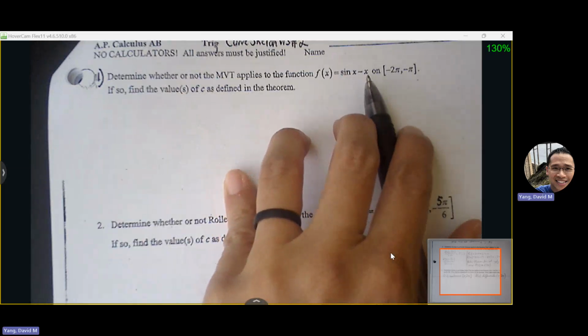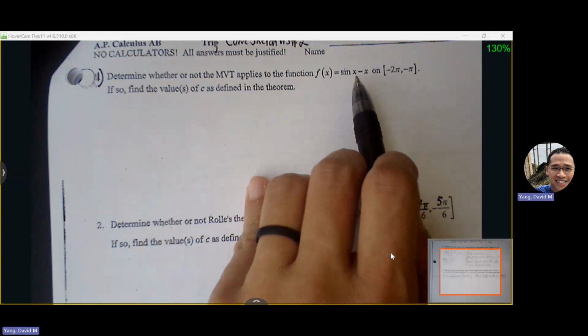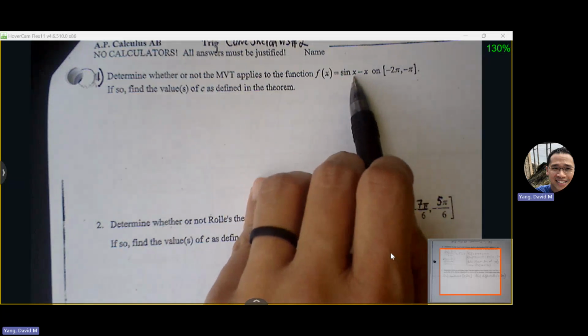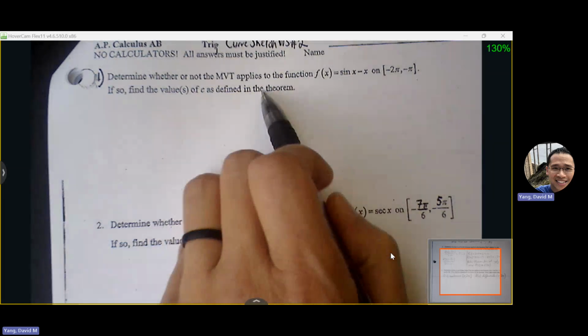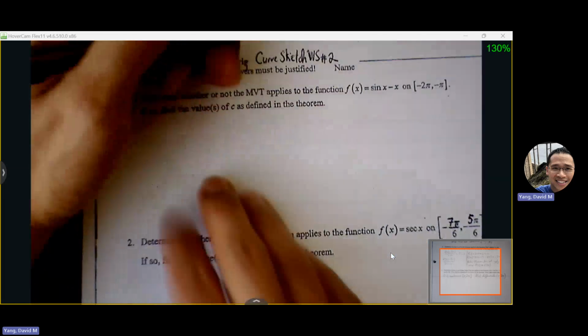All right, sine x minus x, no issues with our conditions. Our graph is continuous and differentiable, no sharp turns, no asymptotes, no holes. So let's go ahead and state our conditions.